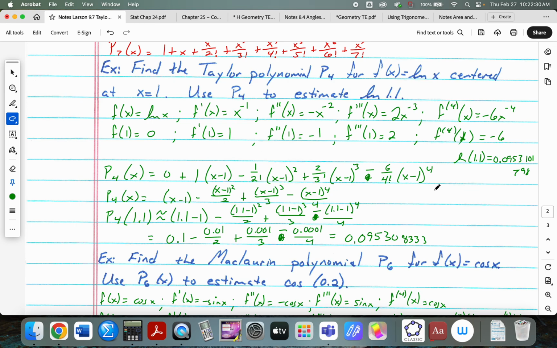Well, that's because none of these things exist at 0. Natural log doesn't exist at 0. So how can you center your approximation around that? So we use 1. You could make a case for using e also. And that would work pretty nicely. But generally we pick something easy to center things around.